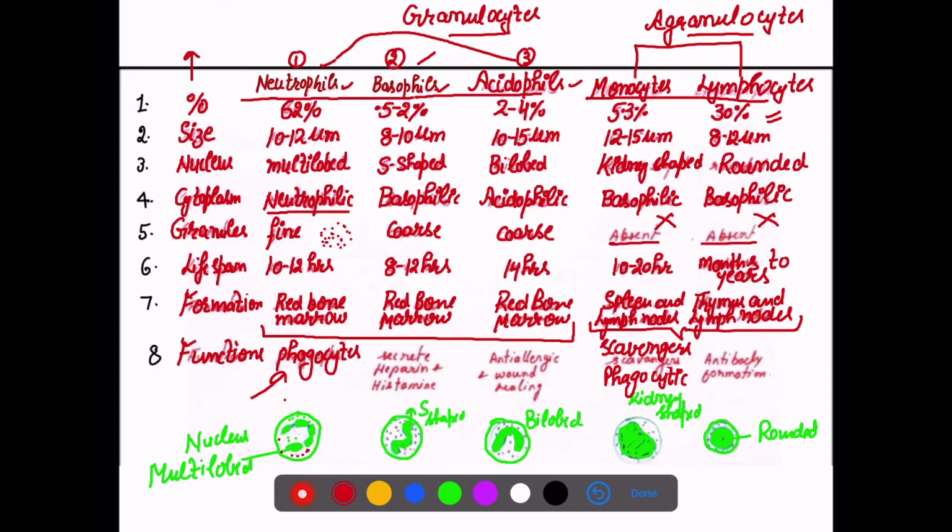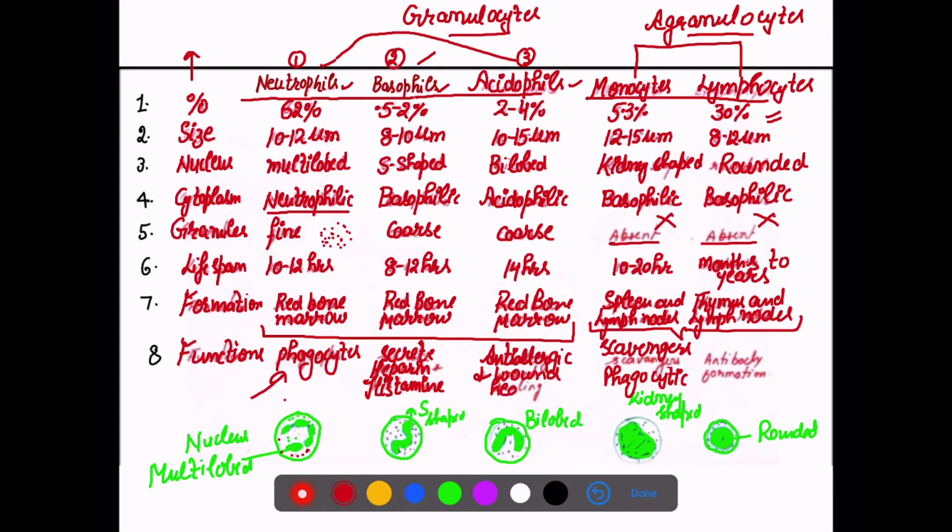Basophils secrete heparin. You know what is heparin? It is an anticoagulant. Heparin, it is an anticoagulant. So they secrete heparin as well as histamine, which helps in the allergic reactions. Now, acidophils, their function is anti-allergic as well as wound healing.